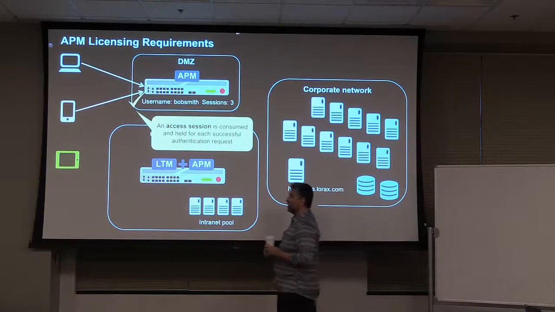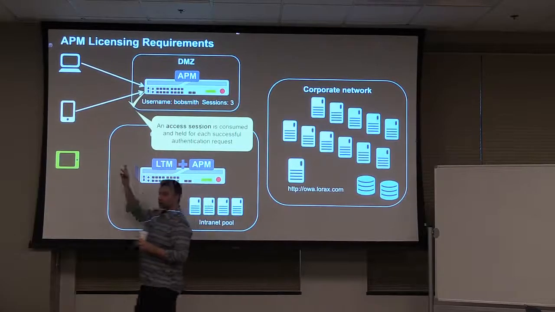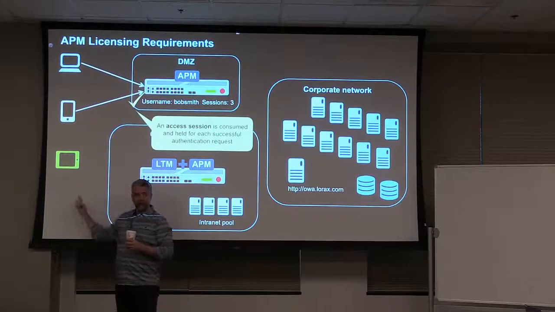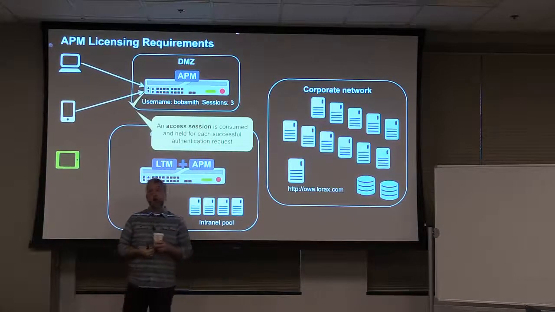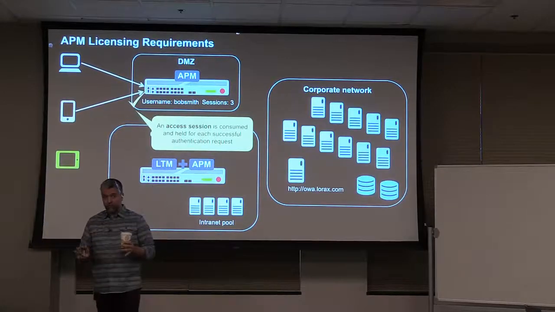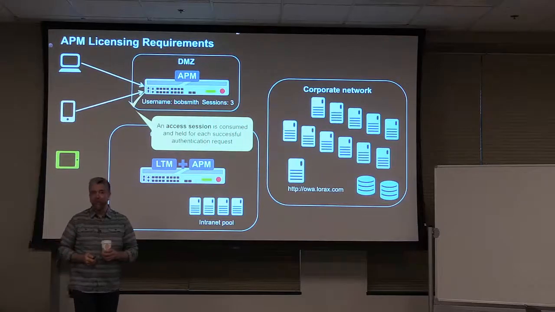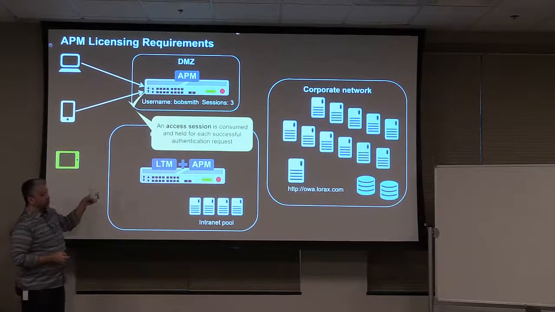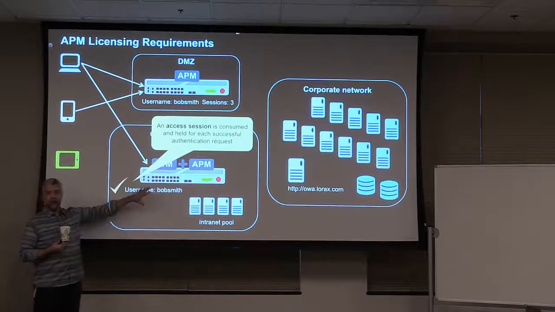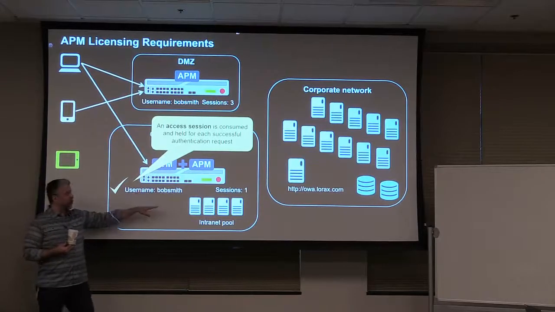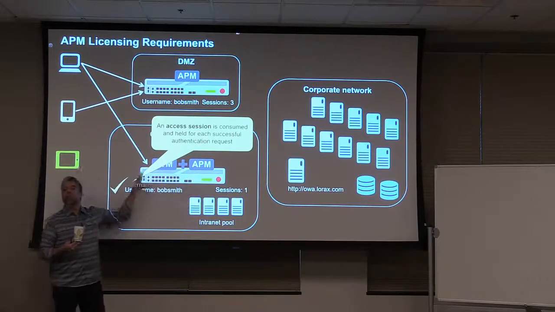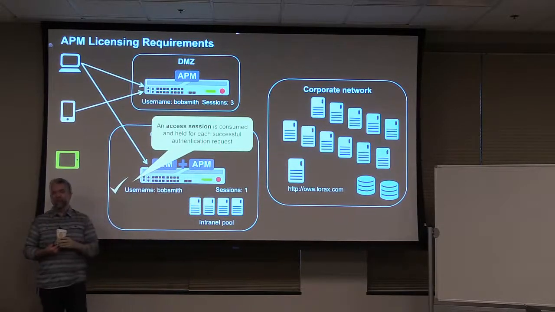Now, by default, APM does not control how many access sessions a user can have at one time. We can control that, but by default, it's unlimited. So we have to think about that. Now, if Bob uses his laptop to also connect here, he's now creating an access session, but on this APM down here.